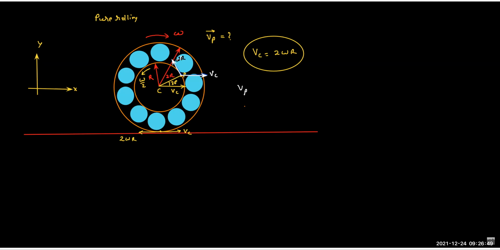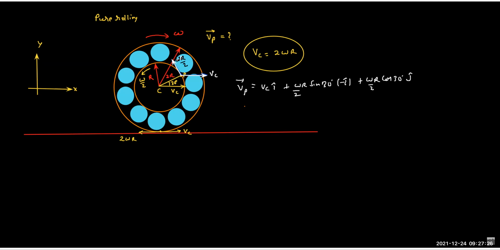So Vp we can write as Vc i cap and then omega r sin 30 minus i cap. The velocity is omega r by 2, correct.